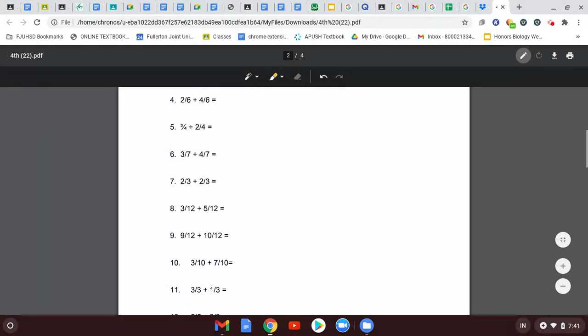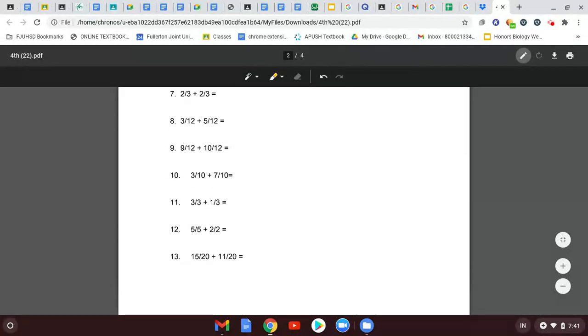For this one, it's basically the same thing. Let's do number 5 just because it looks weird. So it'll be 3 over 4 plus 2 over 4, which would mean it's 5 divided by 4. Okay.